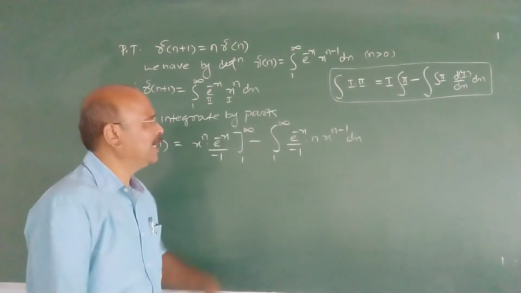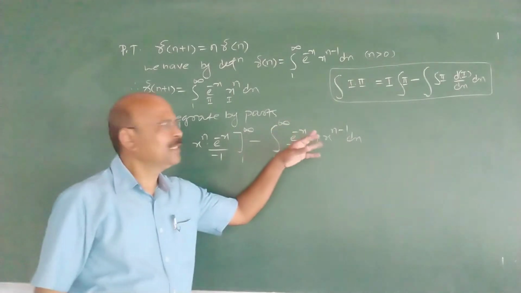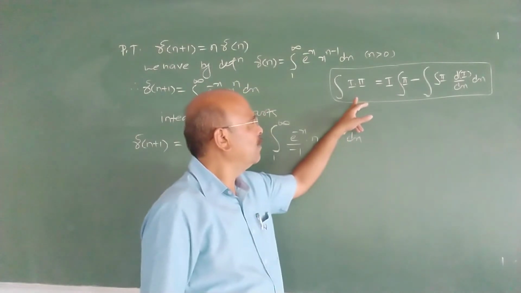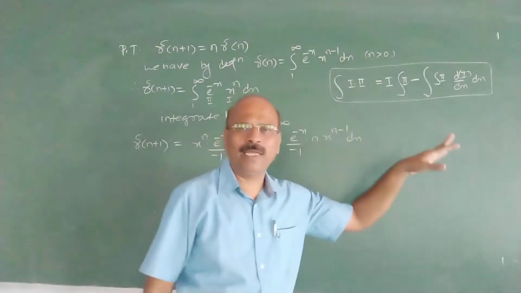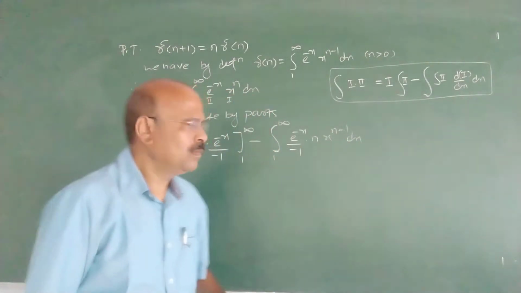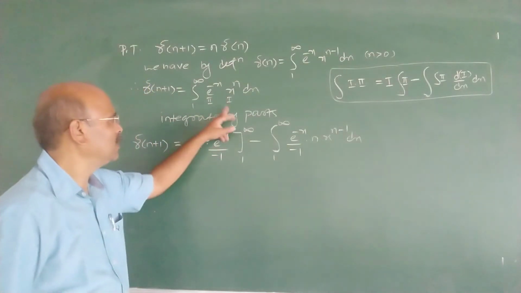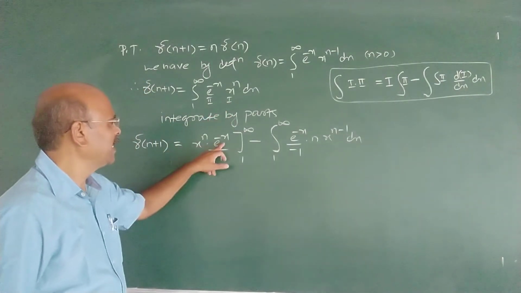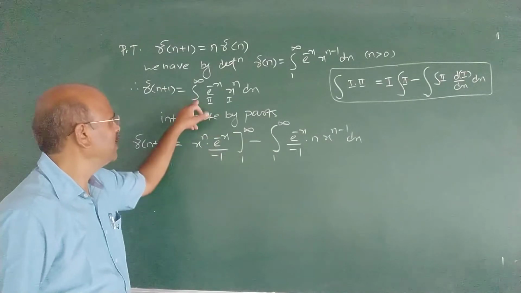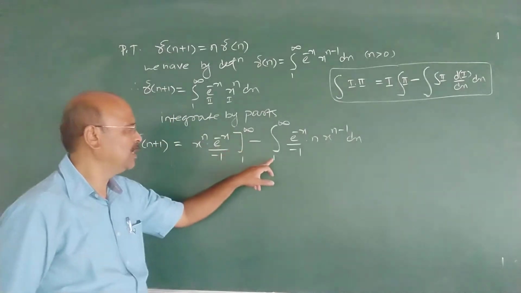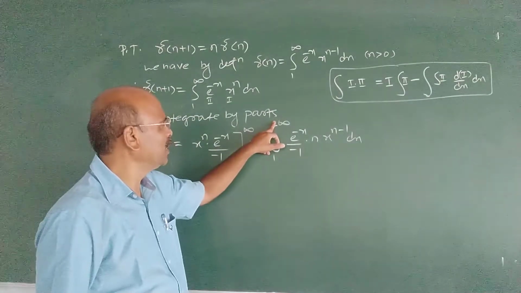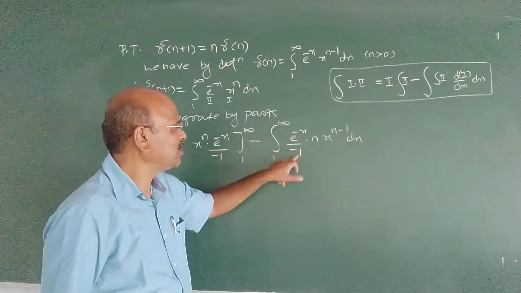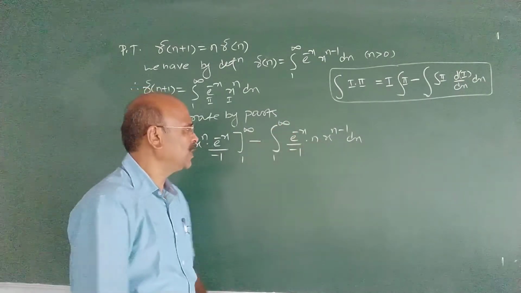Carefully apply the formula. At this level, you should be able to apply the formula fluently. First function, integration of second, definite integral limits, minus integration of integration of second times derivative of first.